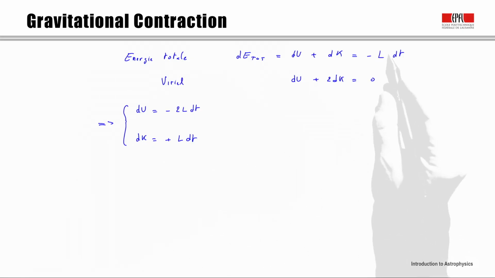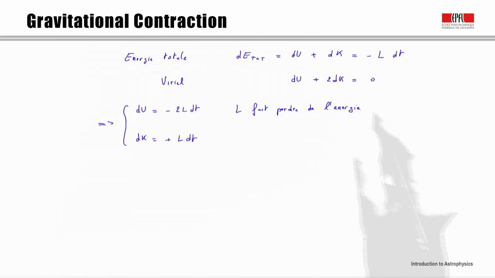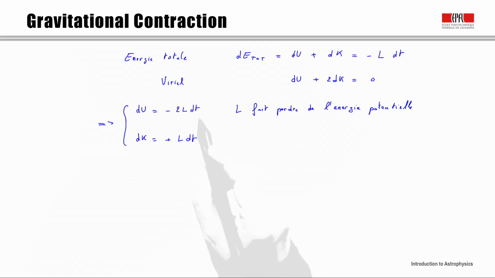This means that the star radiating implies a loss of potential energy. The luminosity of the star creates a loss of potential energy. We also notice that half of the lost potential energy is converted into kinetic energy.